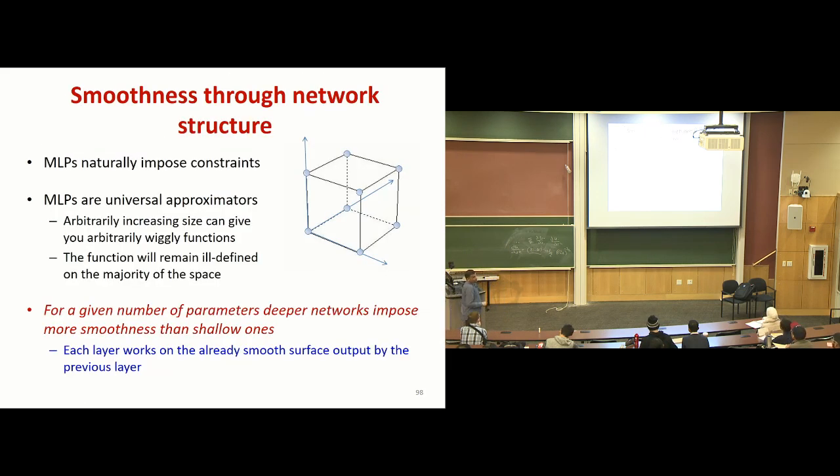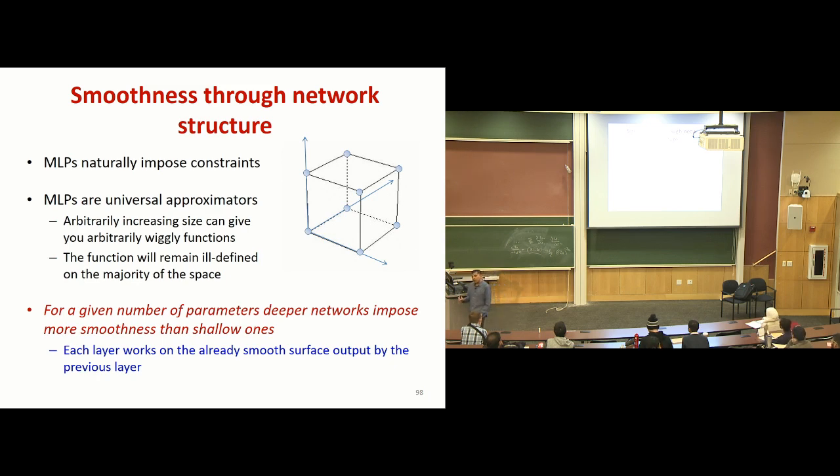Now, there's another way in which you can impose smoothness, and this is through network structure. So MLPs are universal approximators. You can arbitrarily increase the size of the network and make it model more and more wiggly functions. We know this, right?